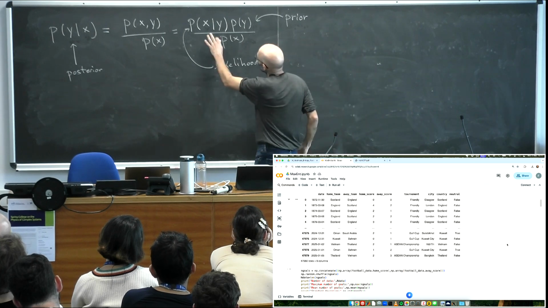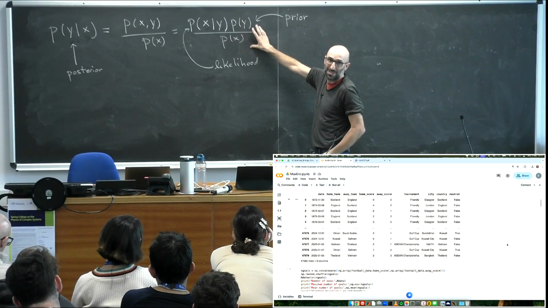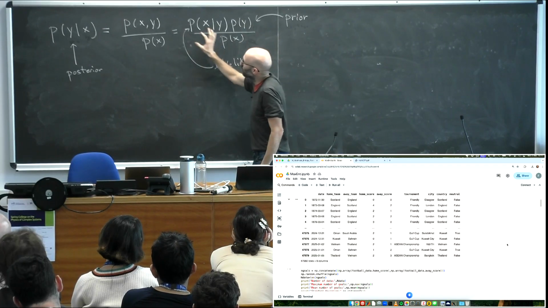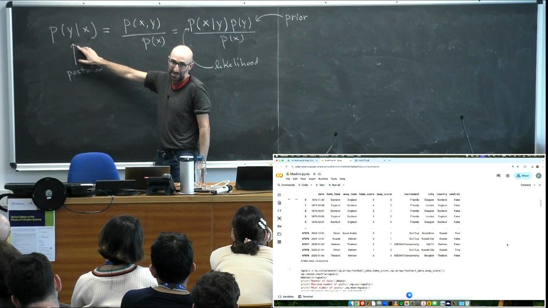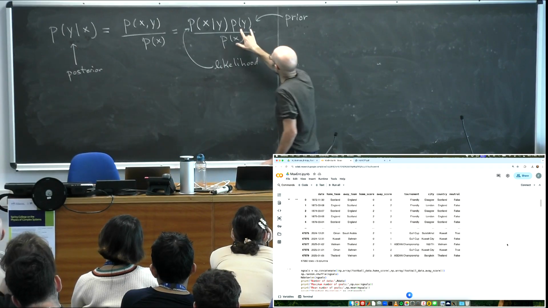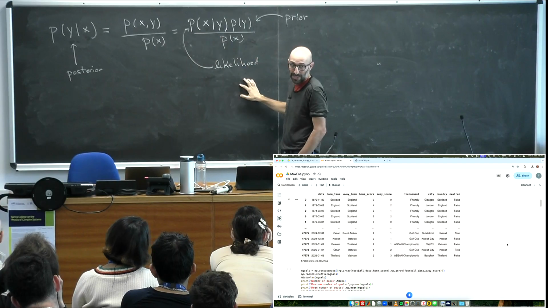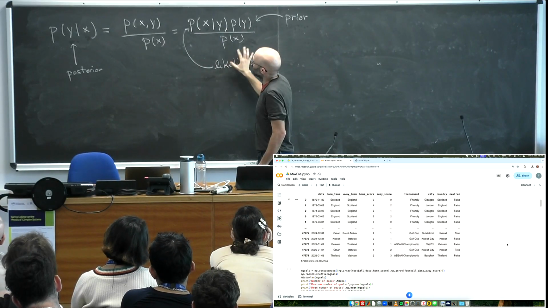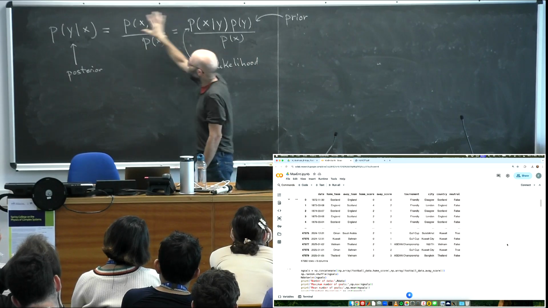Given this, the interesting aspect of this relation is that it gives you a quantitative recipe to update your belief. So if you make a model for P of y and P of x given y, and you use this, after you got information x, you can update your model.